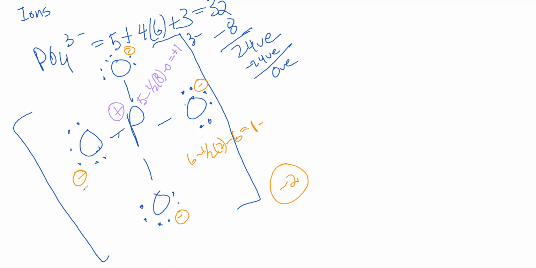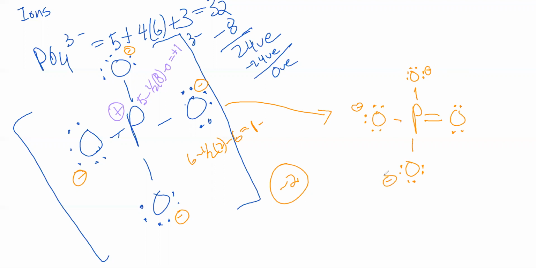So I could draw an alternative structure to this. Instead, I might draw something that looks like this. Now my single bonded oxygens still have formal charges on them.